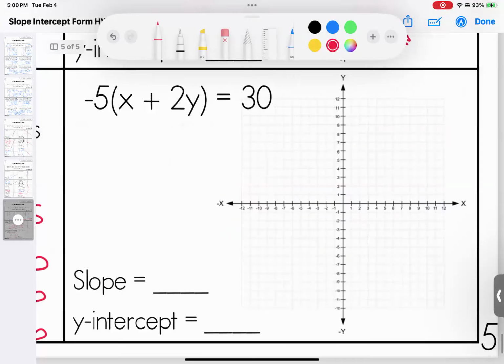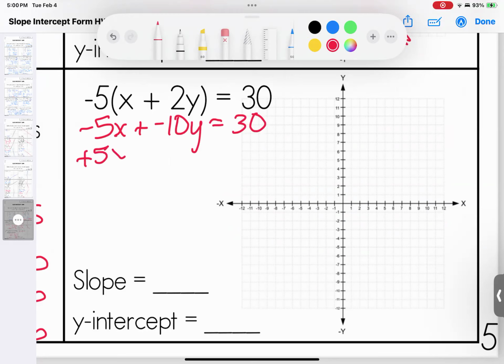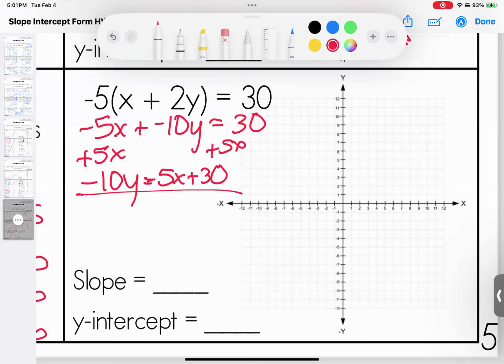Last one, we did it. Distribute. Move it. Putting it in y equals mx plus b formula, which is why the x is in front.